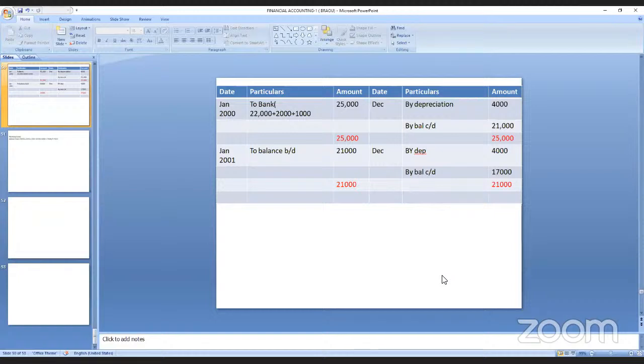So here you have some questions. You try. Exercise questions are there. And next week, no one should be absent. Because I'm going to teach an important topic, the final accounts.